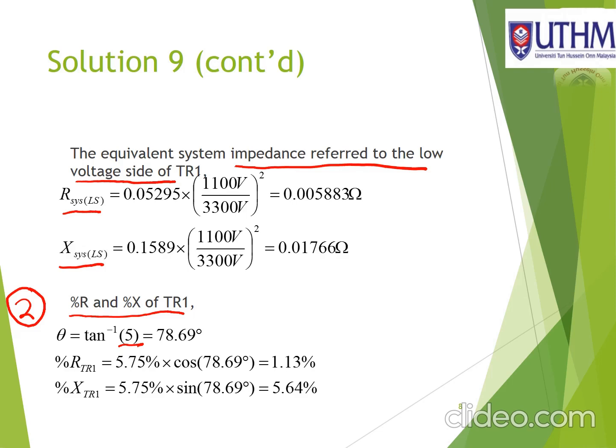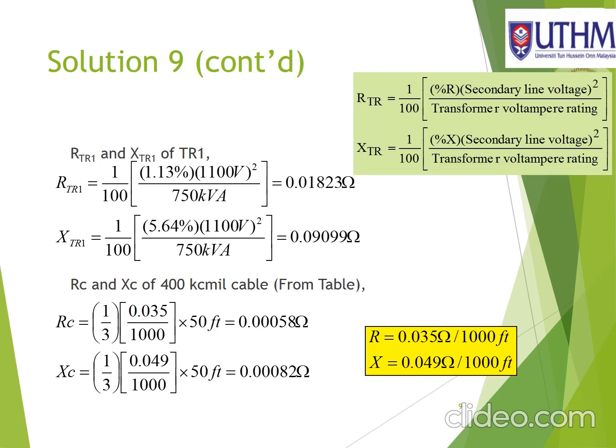Then we have to calculate the percentage R and percentage X by using this formula. Next we have to calculate R TR1 and X TR1 by referring to this formula, which I already explained in part 1.